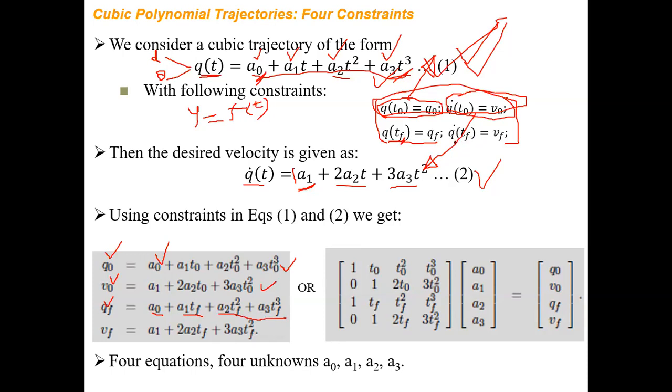Similarly, finally, I will use this constraint for equation 2. Then you get this equation here: vf equals a1 plus 2a2 tf plus 3a3 tf squared. So with 2 equations and 4 constraints, we have 4 equations. Does it make sense?